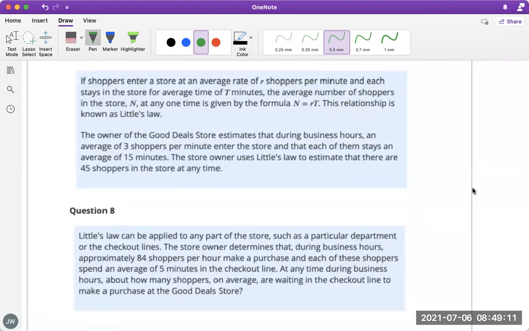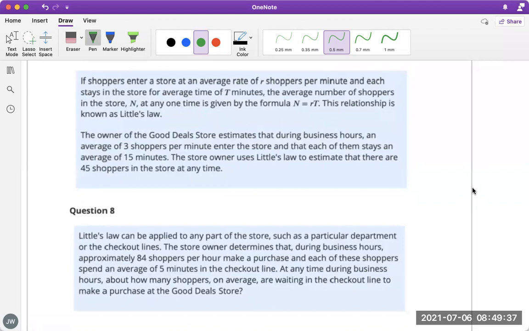The basic information is, if shoppers enter a store at an average rate of R shoppers per minute, and each stays in the store for an average time of T minutes, the average number of shoppers in the store, represented by the variable N, at any one time is given by the formula N equals RT.